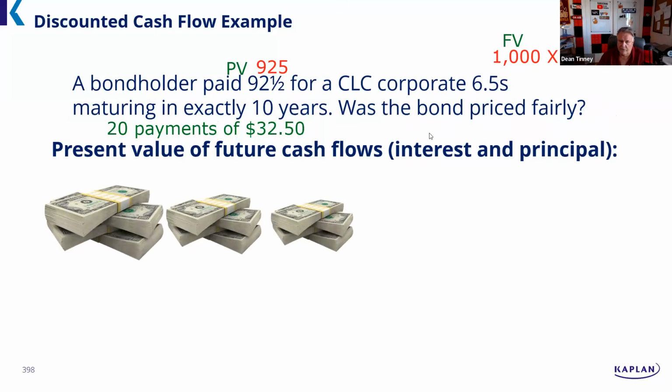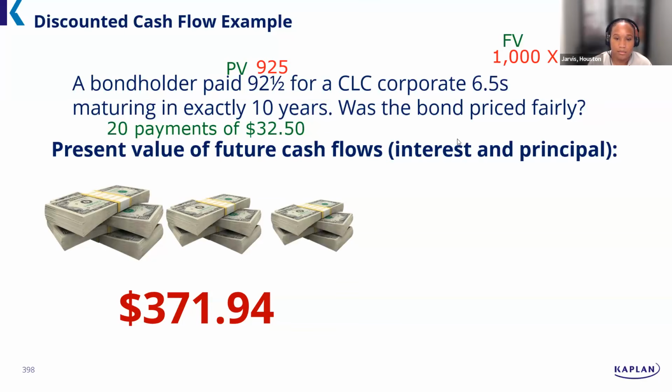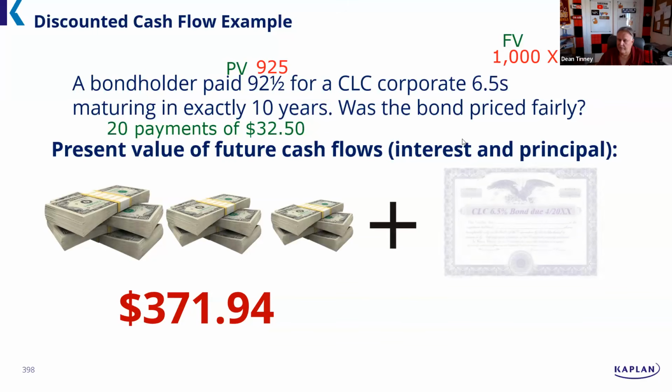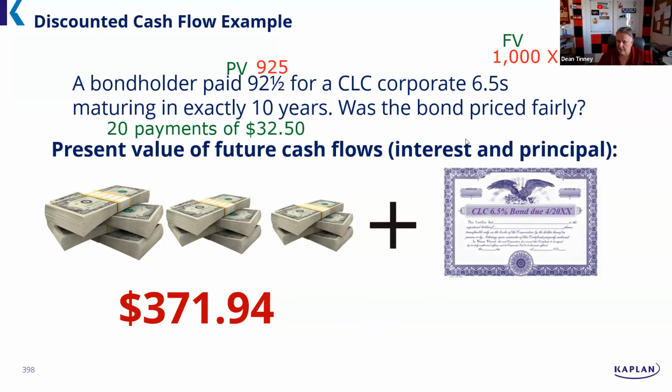So if we do the discounted cash flow on the payments, we come up with 371.94. We're not going to have to do the math. We're just saying the present value of the 20 payments of $32.50, if we do discounted cash flow, is 371.94. And the present value of that bond's 1,000 10 years from today is 553.68.